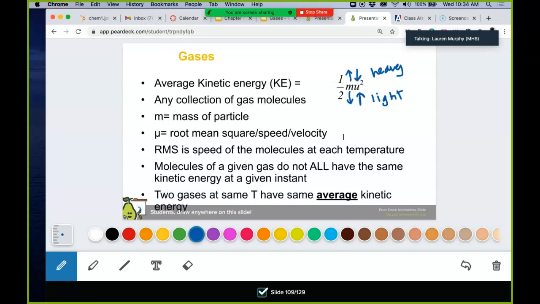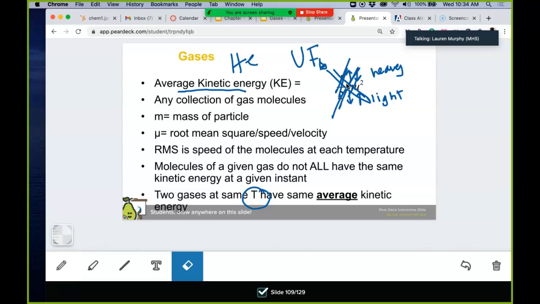So for the sake of this class, we're not going to look at this. We are going to say all gases have the same average kinetic energy if they are at the same temperature. I don't care who the gas is. Helium gas and uranium hexafluoride, if they are both at 25 Celsius, they both have the same average kinetic energy.